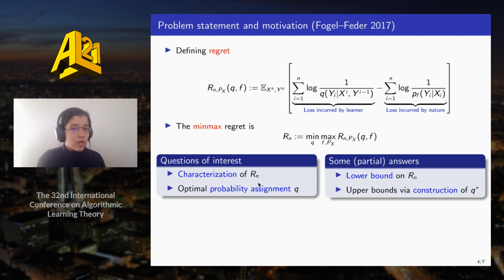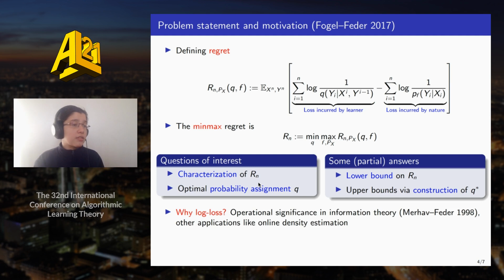In this work, we give some partial answers to these questions, amongst others, a lower bound on Rn and a probability assignment Q star that achieves sublinear regret. I'll talk more about these results in detail towards the end of the presentation, including a comparison to the existing work.